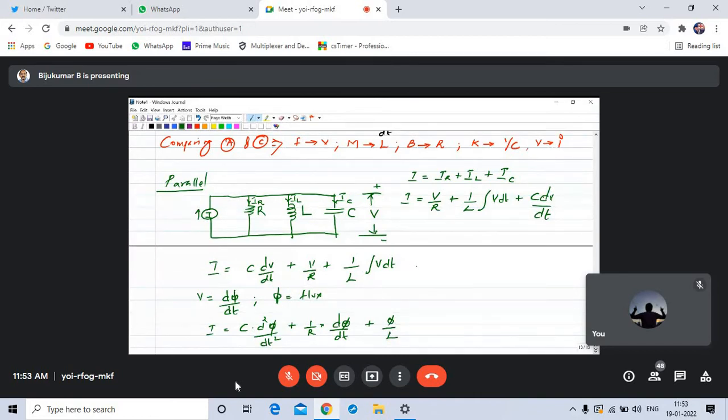So again we are having two equations, let it be E and F.